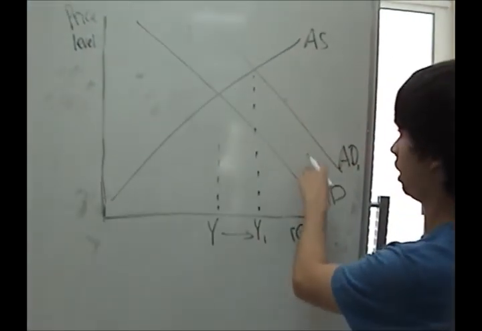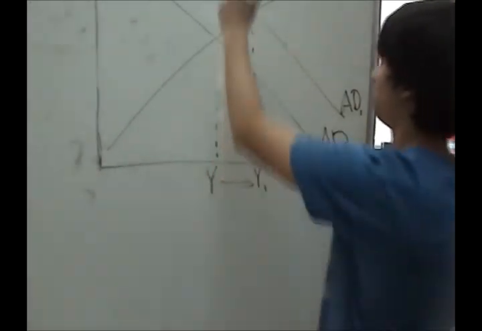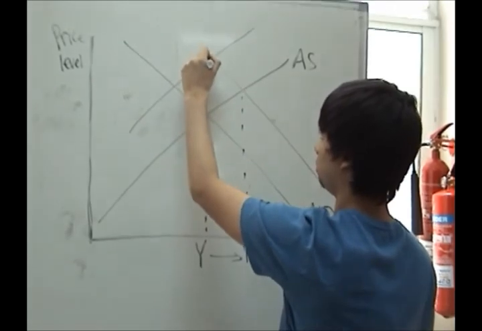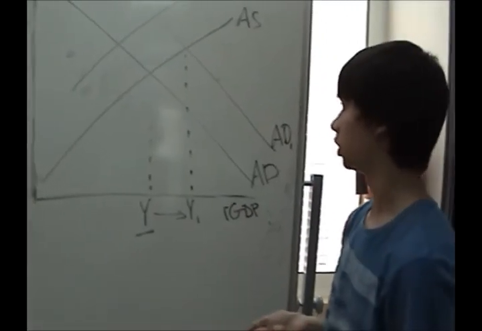So for example, when the AD curve shifts to the right, the AS curve would shift backwards to move back to the first real GDP number.